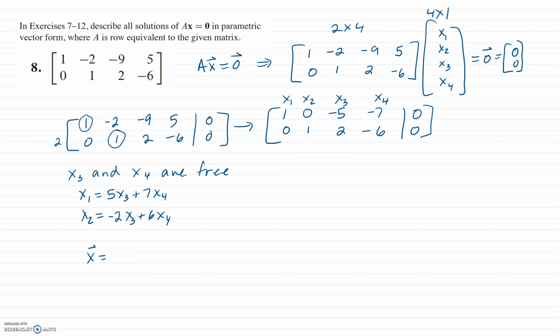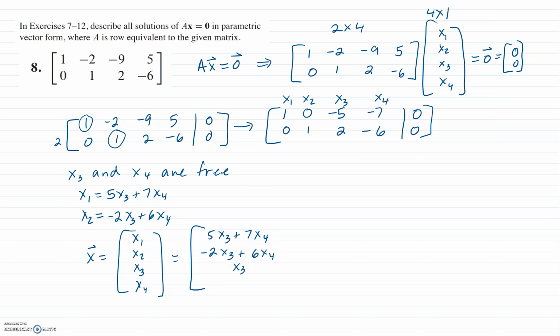So I'm going to write the vector, the solution, the x, in terms of a vector. And again, x was x1, x2, x3, and x4. And we know what x1 is. It's 5x3. We're going to do it all in terms of our free variables only. This one we know is -2x3 plus 6x4.